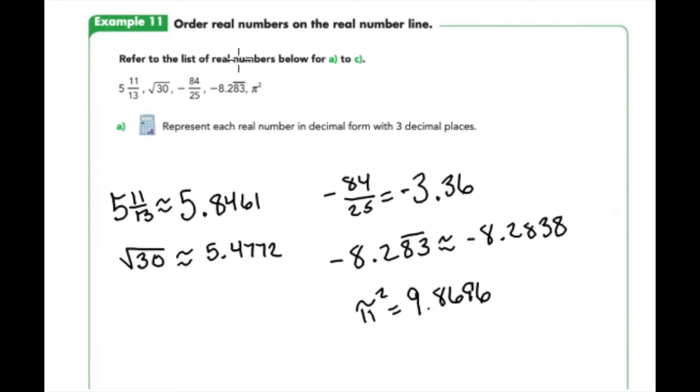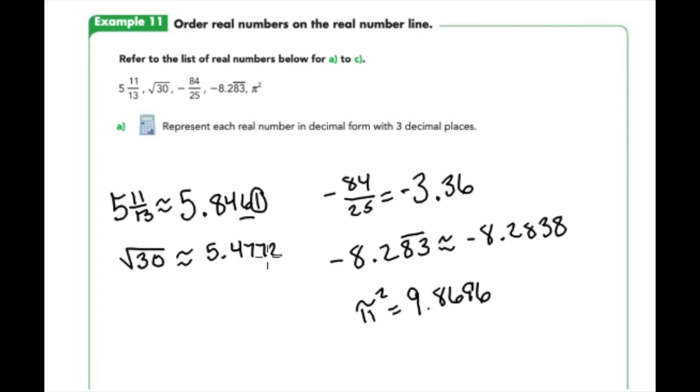Once we have all of our numbers put into the 4th decimal place, we're going to start rounding them out here. I'm going to underline the 6, and I'll circle that 1, and that 1's not going to change the 6. So for 5 and 11/13, we'll say that's approximately 5 and 846 thousandths, and you'll notice that we're using the approximate symbol here.